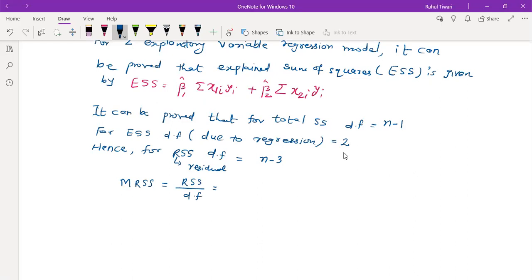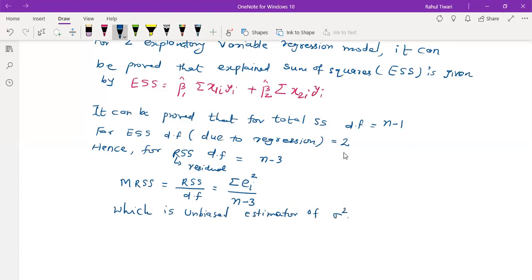So the residual sum of squares is summation of ei square, whole thing divided by n minus 3, which is an unbiased estimator of sigma square.